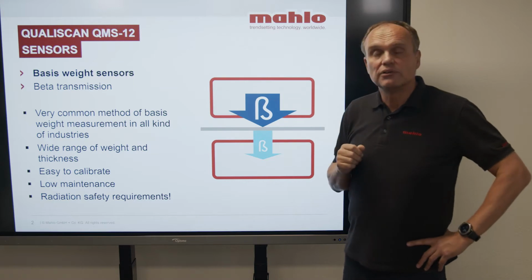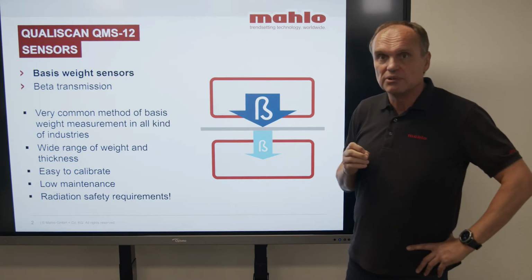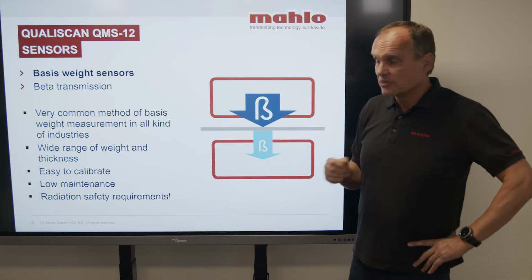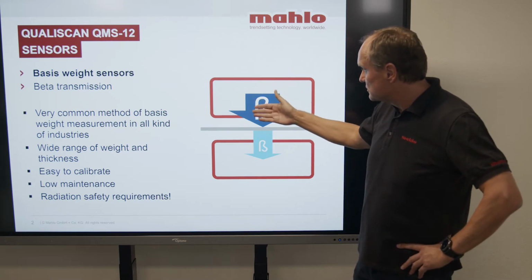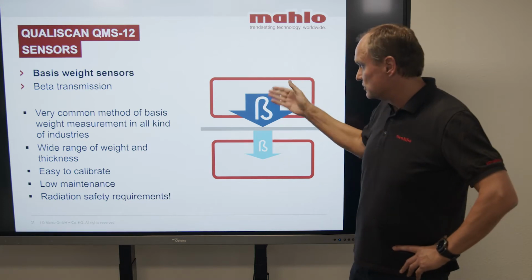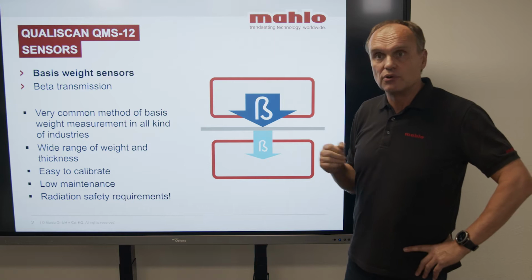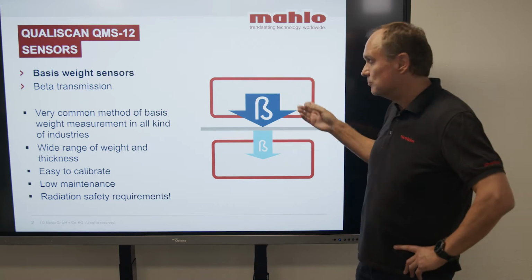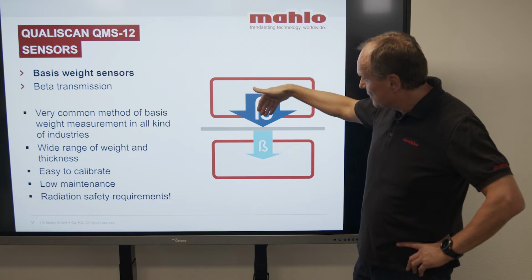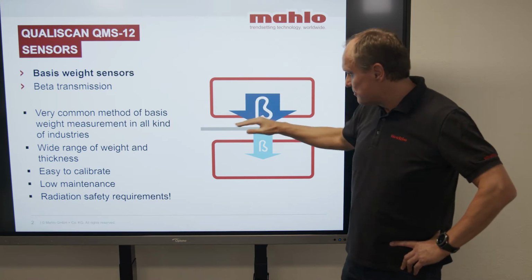The most well-known way to measure the basis weight is the use of a so-called beta gauge. A beta gauge contains a radioisotope, which can be krypton 85 or strontium 90, depending on the weight range, and the radiation penetrates through the web.